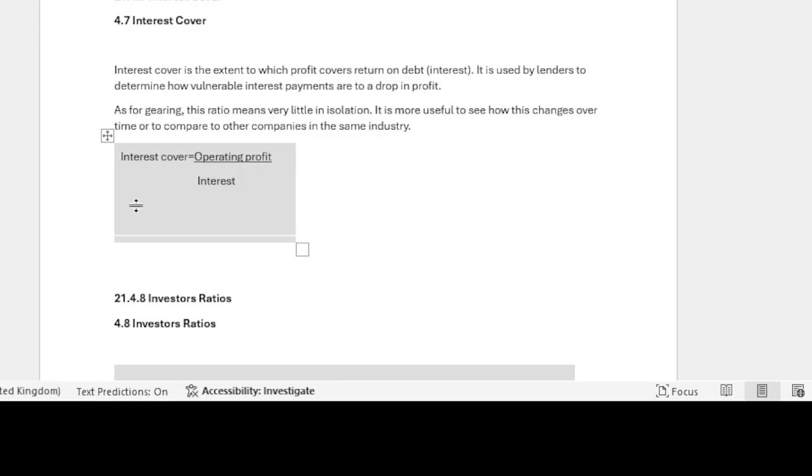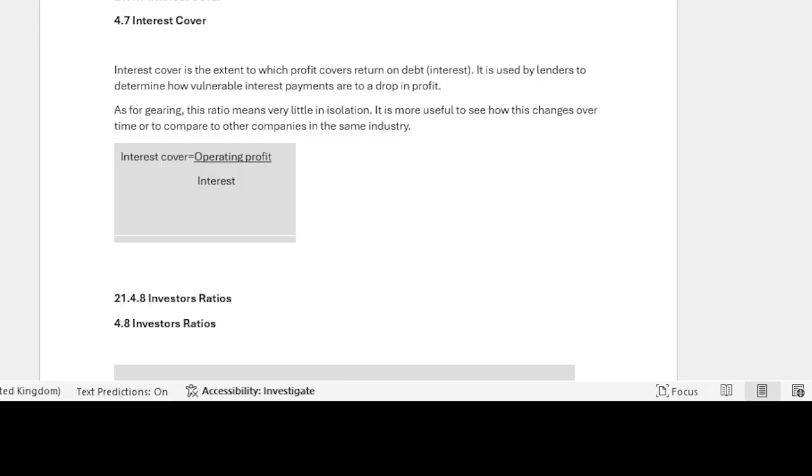When we say interest cover, we're trying to look at how many times the profit that we have been able to generate as at the end of the year can pay the interest. Is it one time? Is it two times? Can a profit cover the interest maybe 10 times? That's what interest cover looks at.